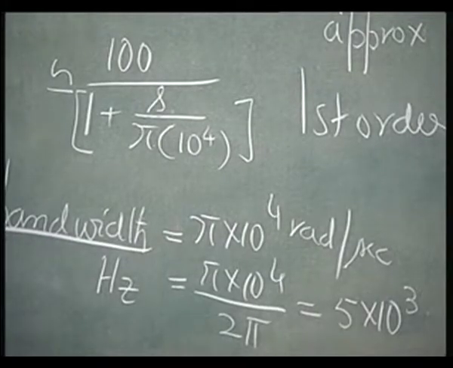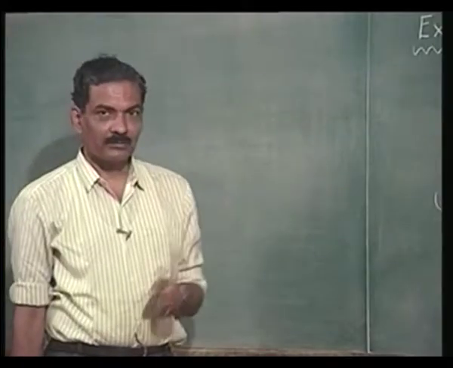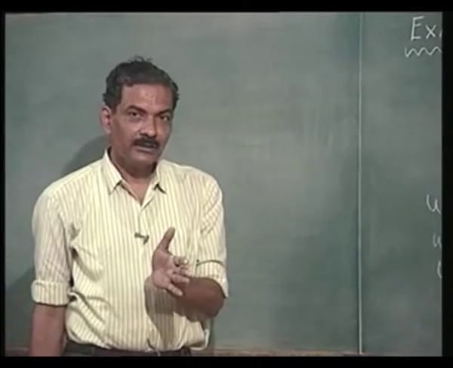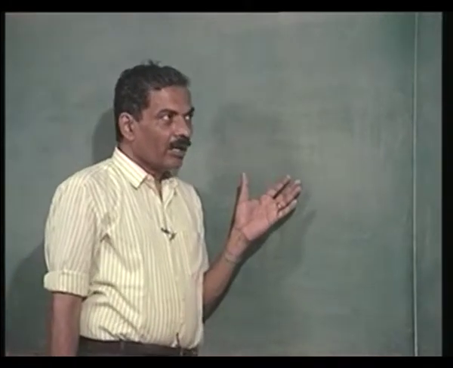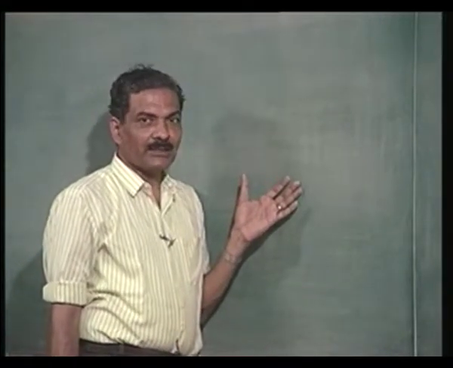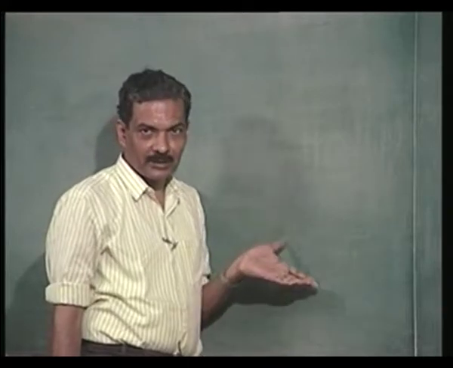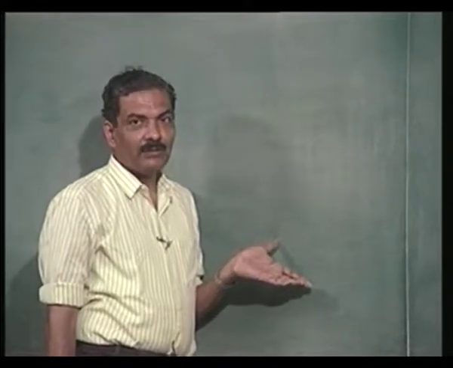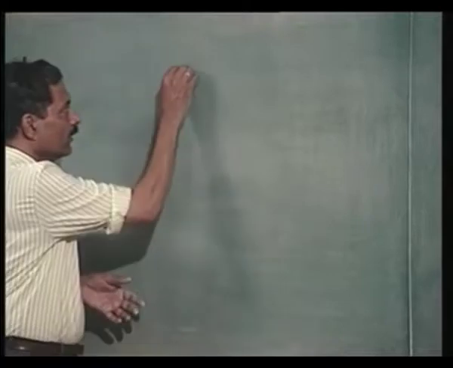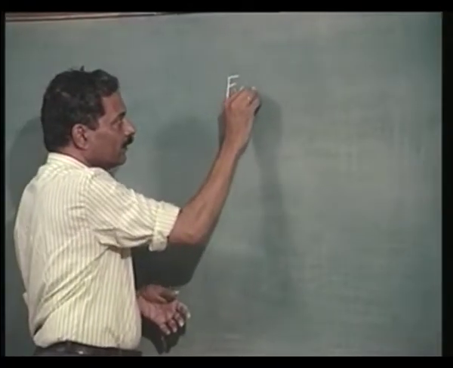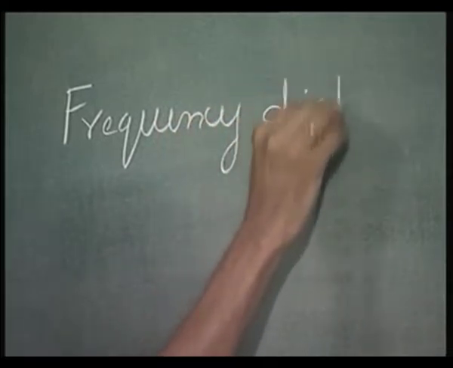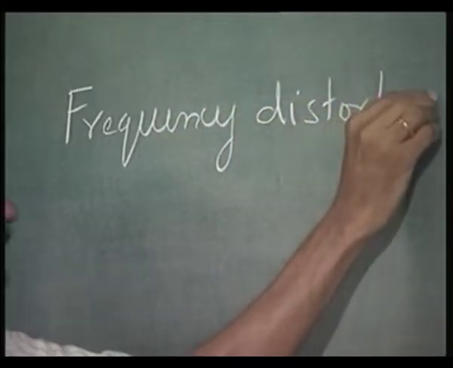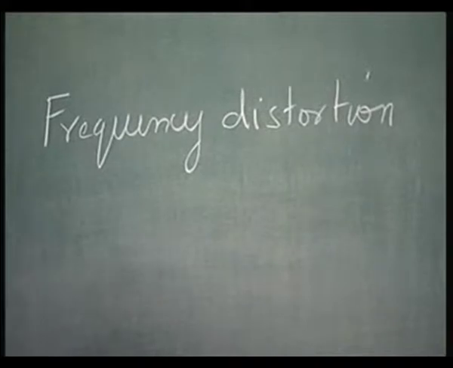It goes to 1 over root 2, half power. So, beyond that, it is of no interest to us. That means all frequencies beyond this will be subjected to more attenuation, and therefore will get distorted. This is called frequency distortion. What is it?